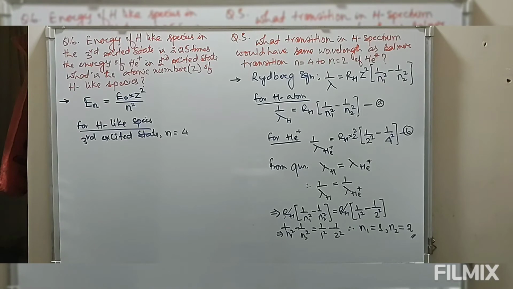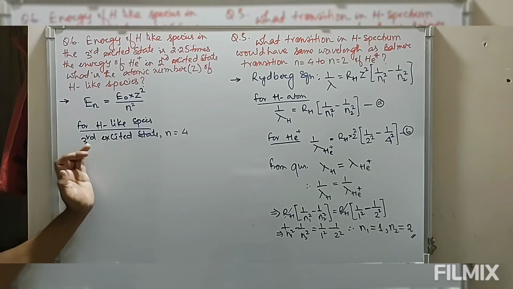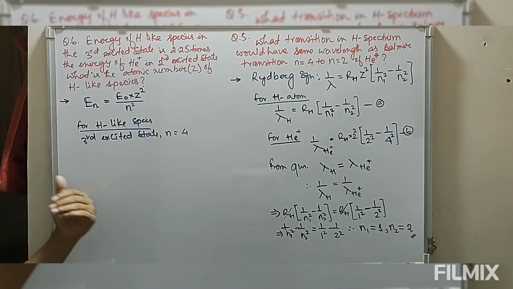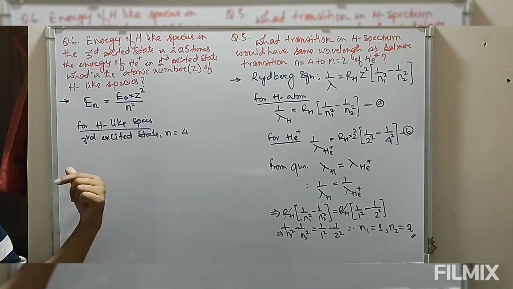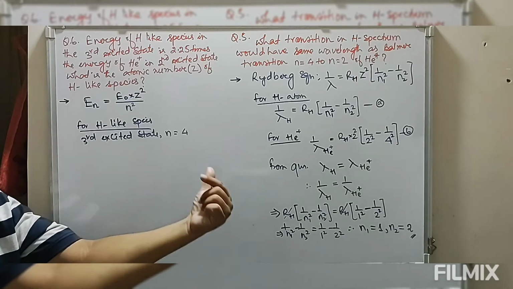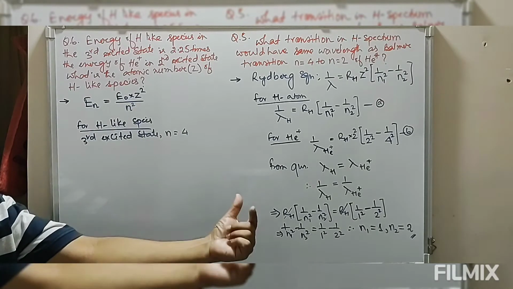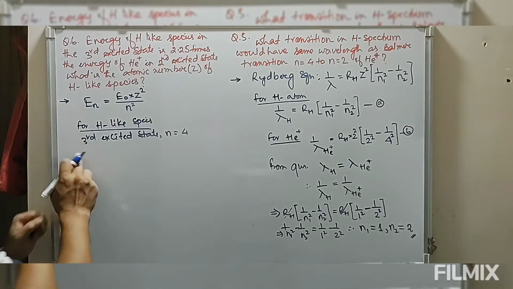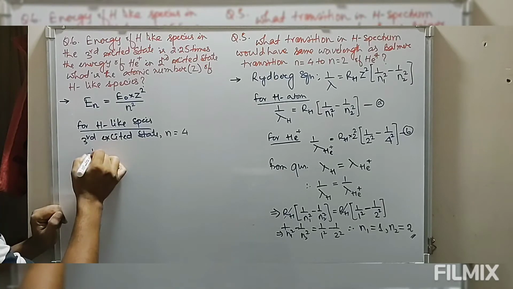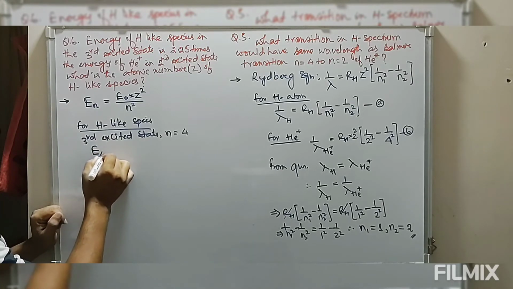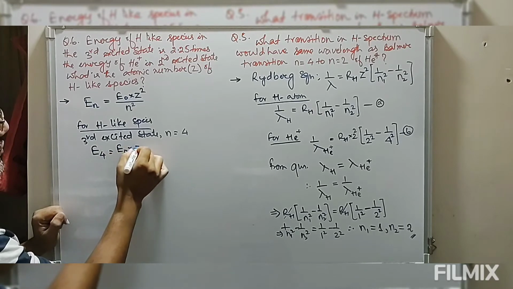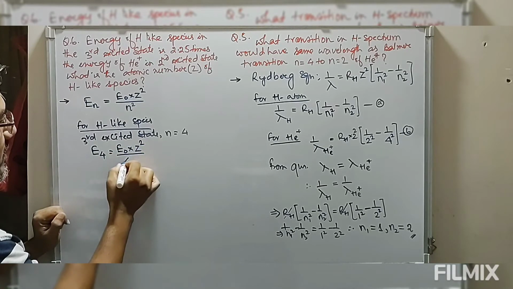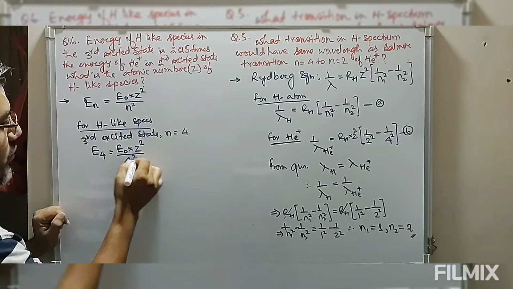When n is equal to 4, the state is known as third excited. So n equals 1 is the ground state, n equals 2 is the first excited state, n equals 3 is the second excited state, n equals 4 is the third excited state. Therefore E4 will be equal to E naught into Z square divided by 4 square.